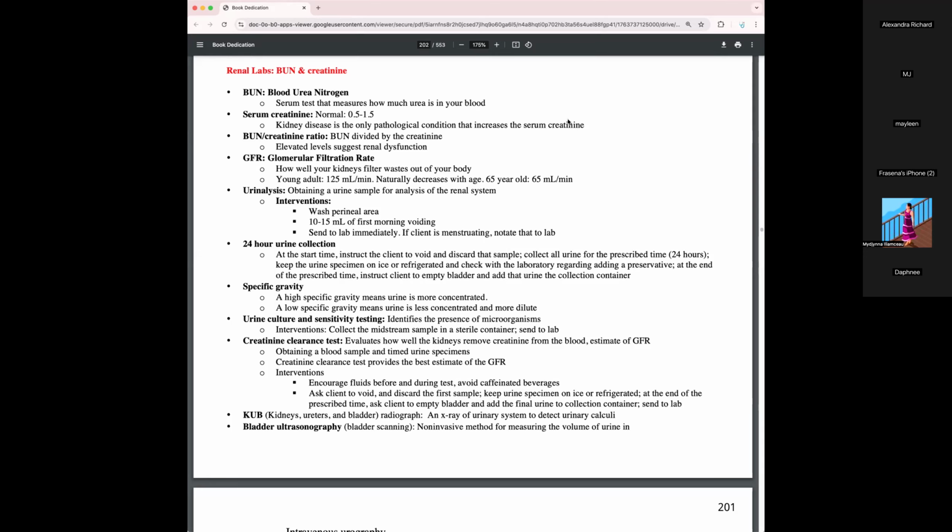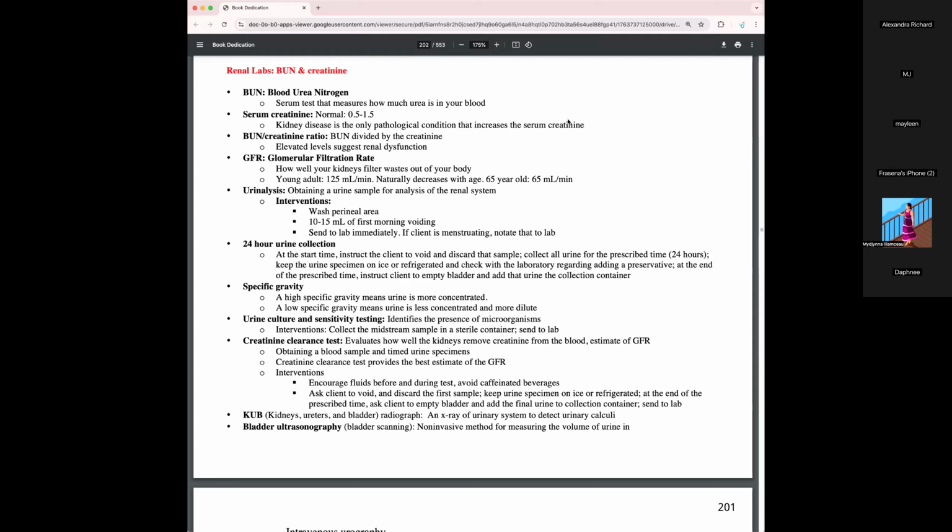Urinalysis. This is when we obtain a sample of urine and analyze what's in it. For example, you can analyze if there's sugar in the urine, if there's bacteria, white blood cells, red blood cells. So urinalysis is really kind of like the first step in analyzing kidney function using the urine.